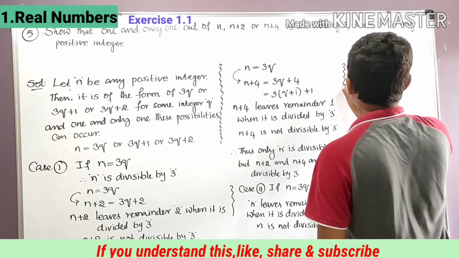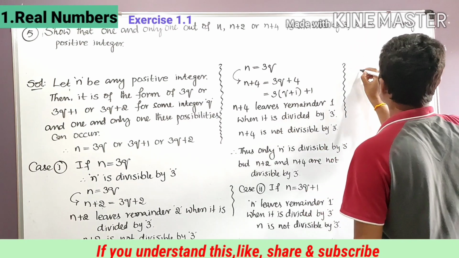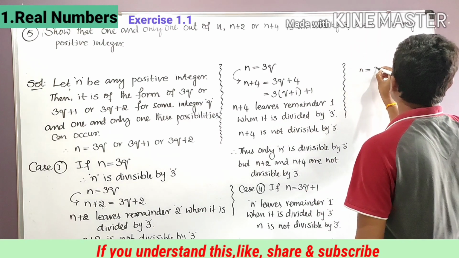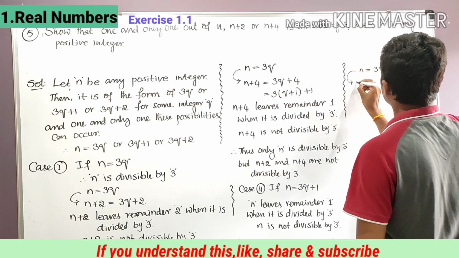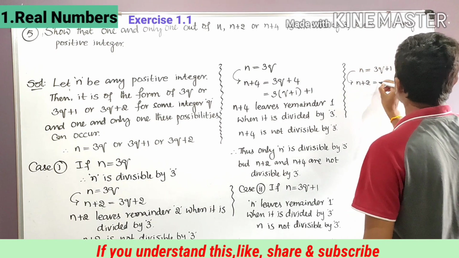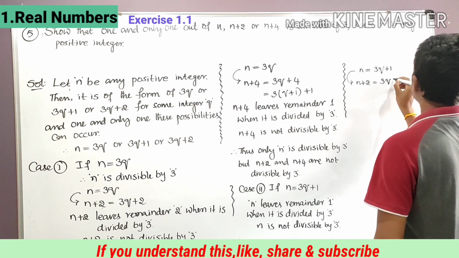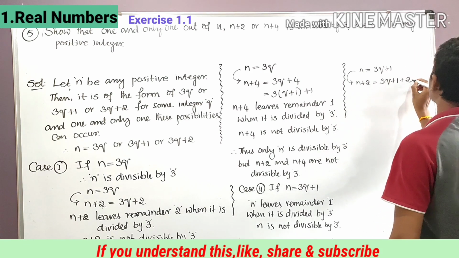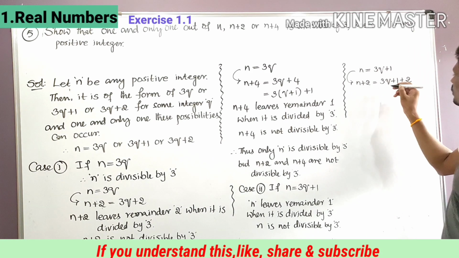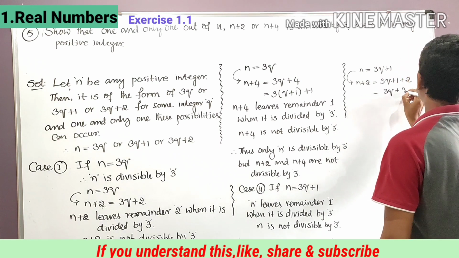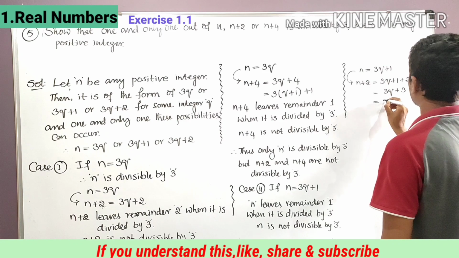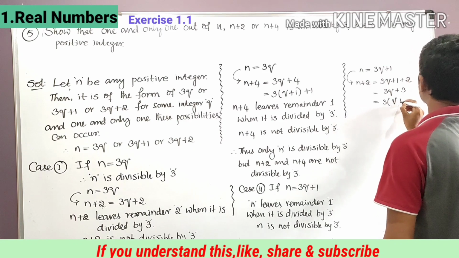So if n is equal to 3q plus 1, then n plus 2 is equal to 3q plus 1 plus 2. We just have to add 2 on both sides, student. Here we get 3q plus 3. So, 3 is common, 3 into q plus 1.